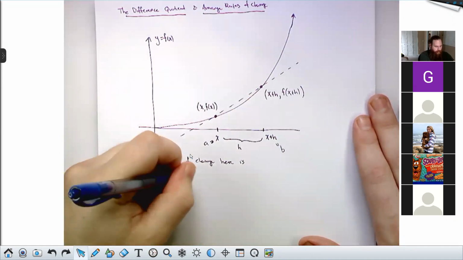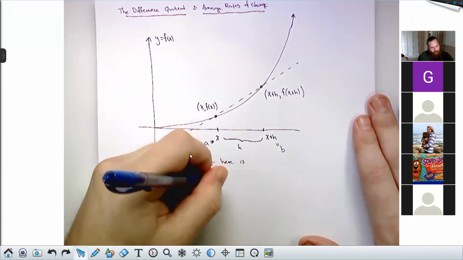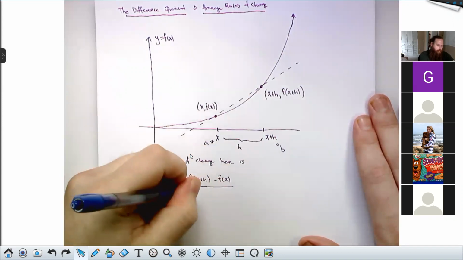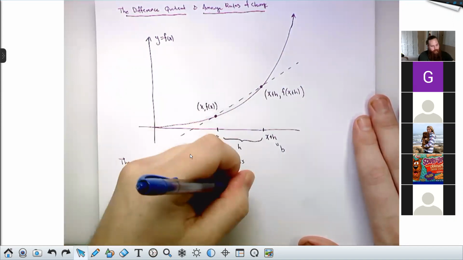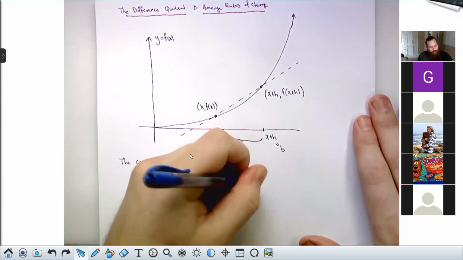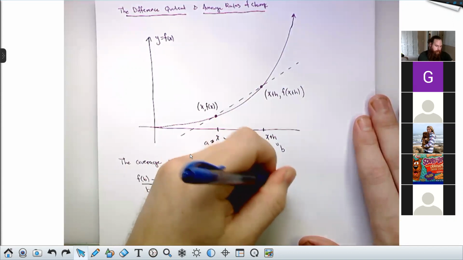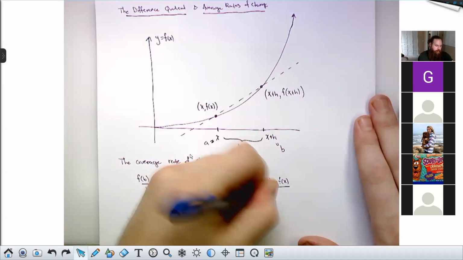So this is f of x plus h minus f of x over x plus h minus x. And that's your difference quotient. X plus h minus x downstairs, that's just h.